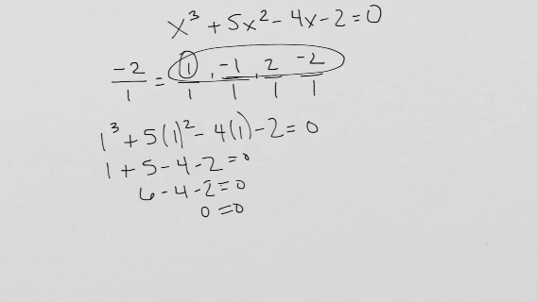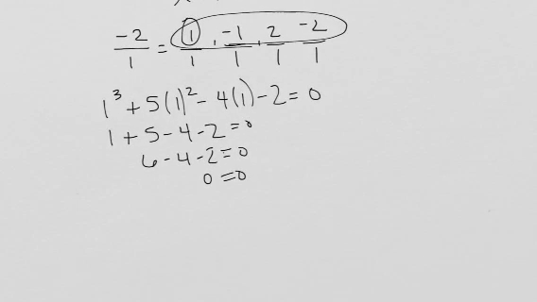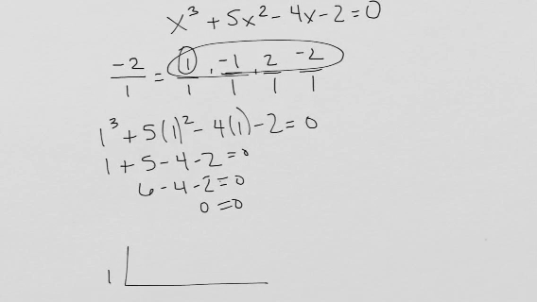It's one of them. So the next thing that we can do is factor out 1 using synthetic division and see what our result is. So our coefficients we would use are 1, 5, negative 4, and negative 2.